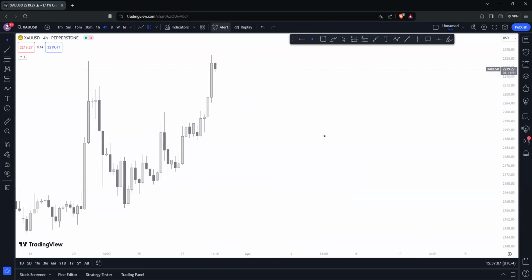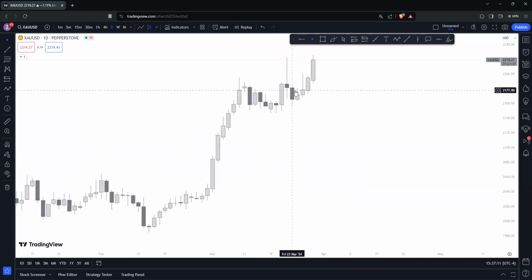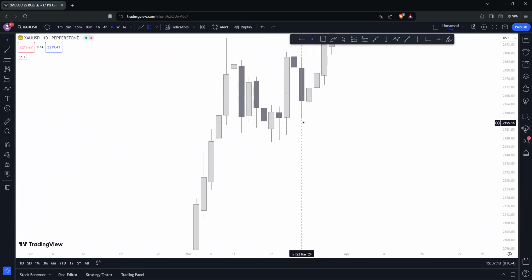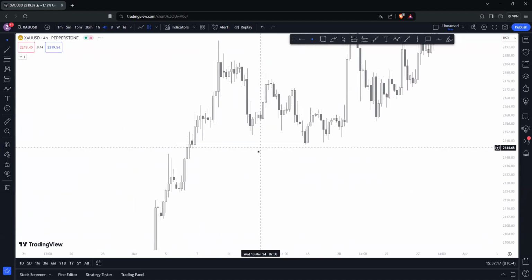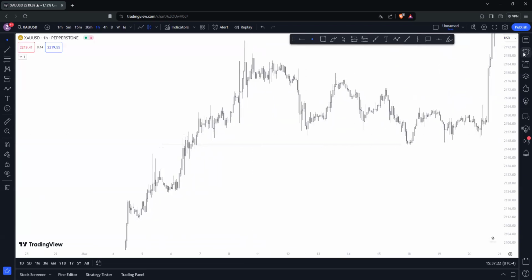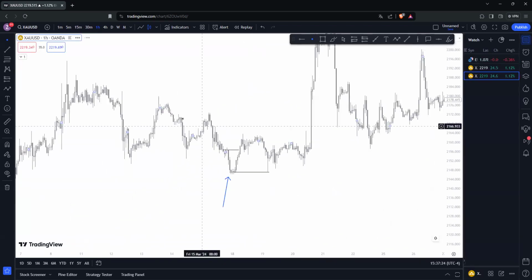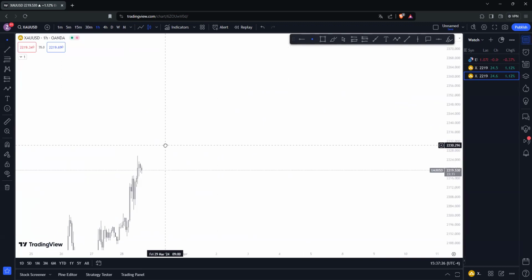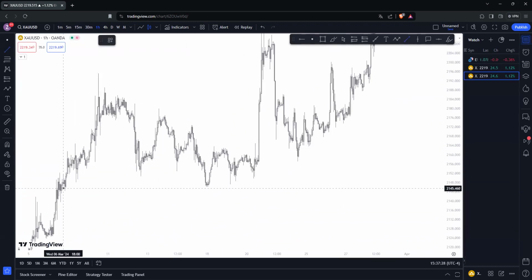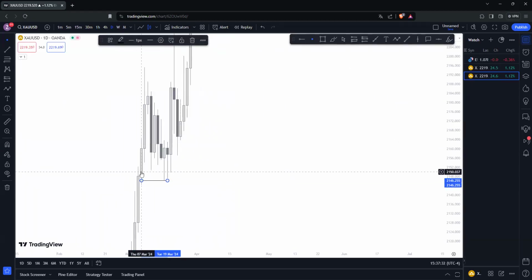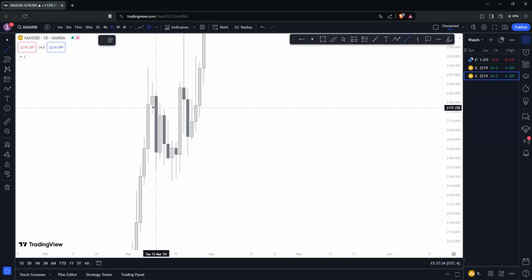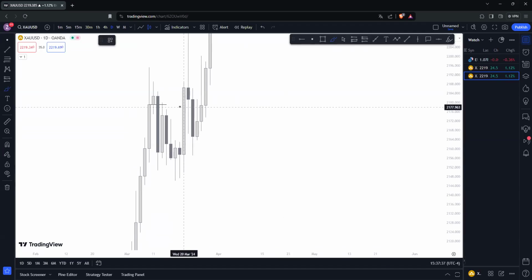Any other questions, guys? Actually, let me just give you an example right here. Now, as you can see, price was bearish from here.